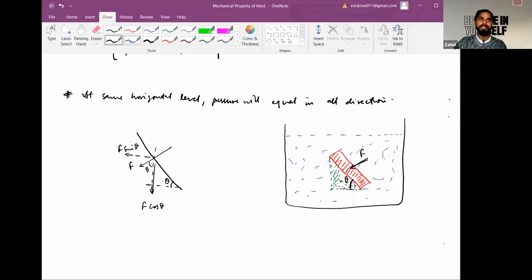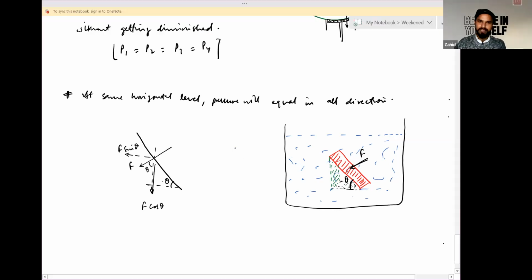Similarly, we may break the area into two parts. Let's say this is your area, which is inclined at some angle theta. For this area A, this base component will be A times cos theta, and this perpendicular component will be A times sin theta.